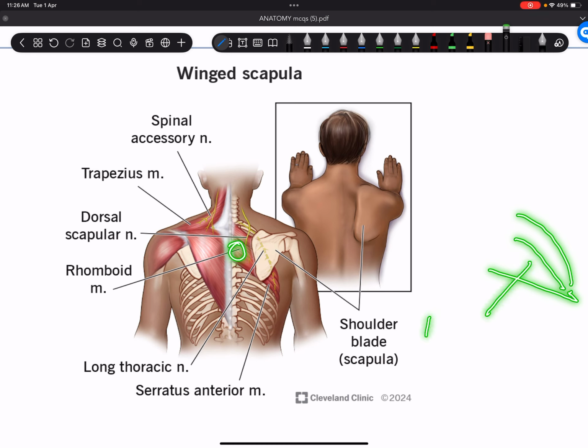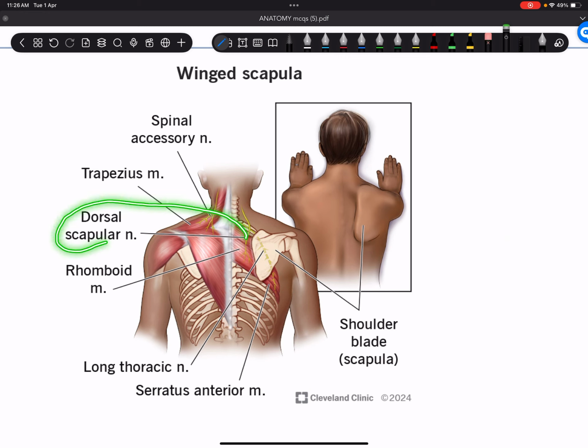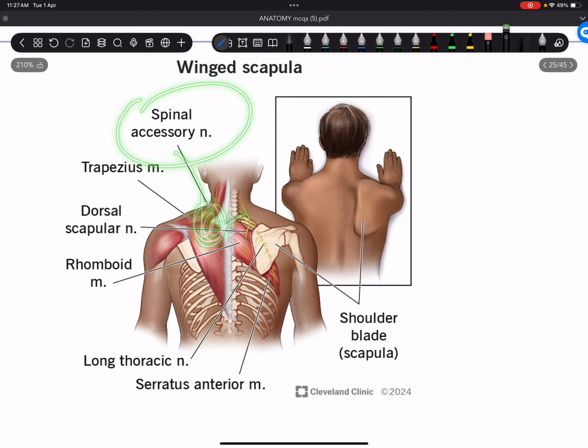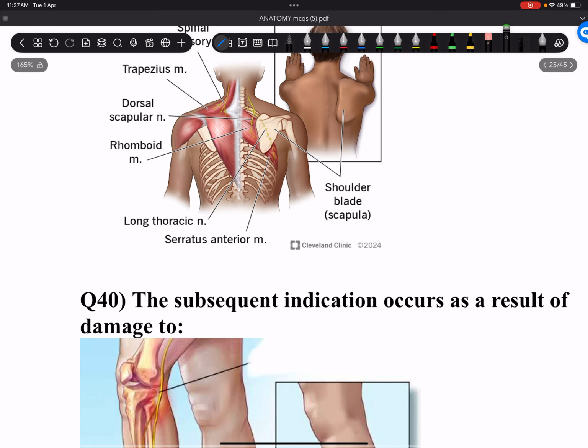This is rhomboid. This is serratus. This is dorsal scapula. This is trapezius, just over here. See? And what is the spinal accessory nerve? Over here. Okay, I hope you get this.